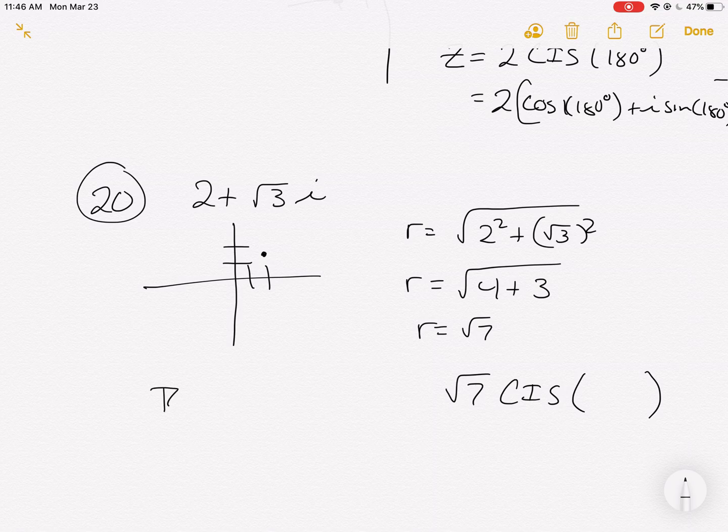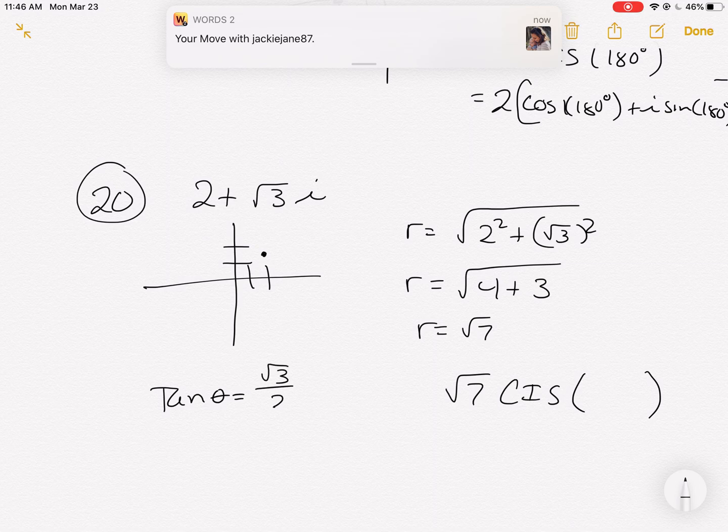How do we do that? We let tangent theta be y over x. Now, root 3 over 2 is a known output, but not for tangent. It's for sine and cosine. So I think this is going to be one that we don't know, and we're going to have to turn to our calculator and take tan inverse.